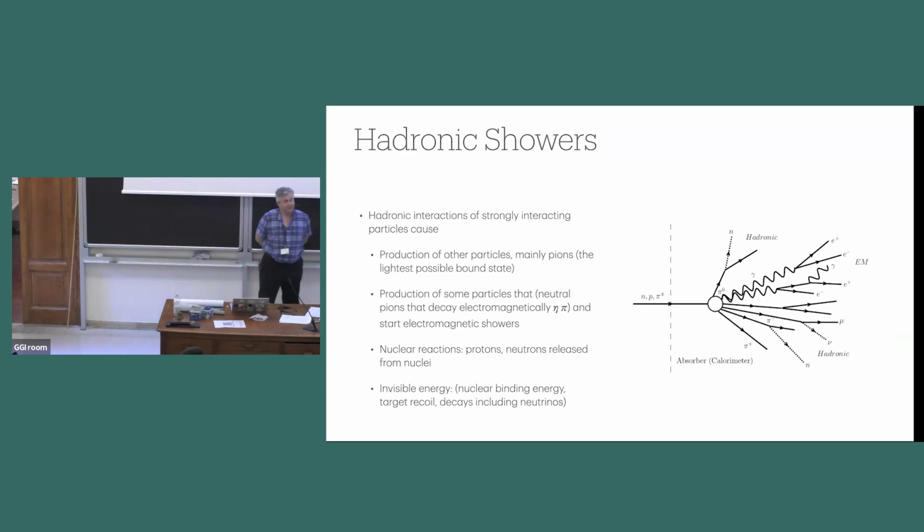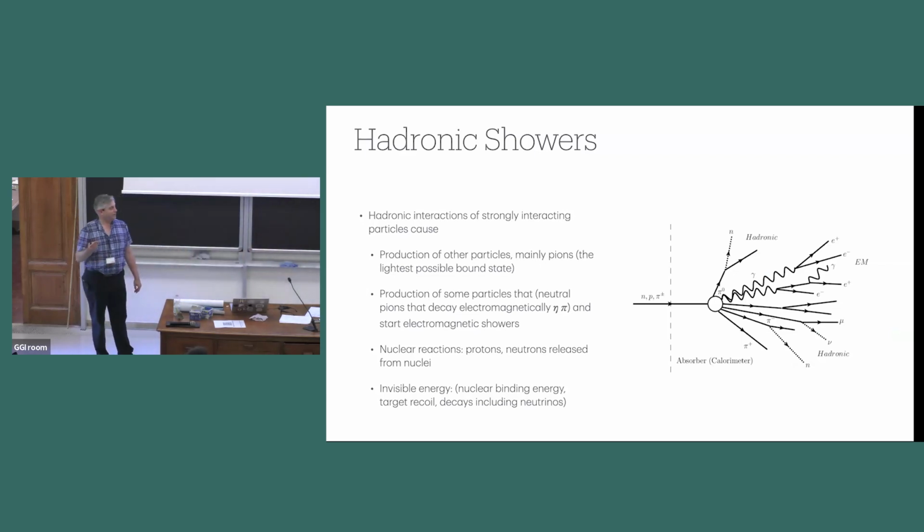besides the fact that they have that Bethe-Bloch interaction, when they start going through a thick material, this can also cause a production of other particles, mainly pions, which are the lightest possible bound state. And notice that we already have a complication because there are three: there's the charged pions and there's the neutral pion.